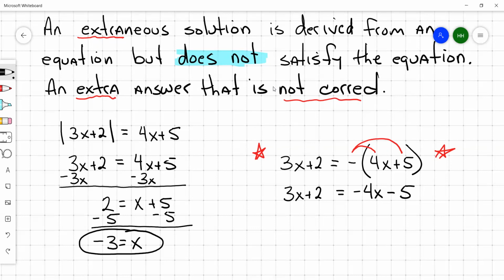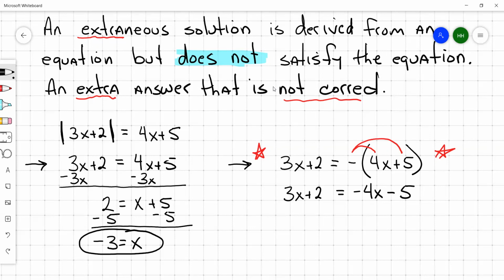You're negating it. When you rewrite the equations, you rewrite the left side exactly the same without the absolute value symbol, but on the right-hand side, everything has to have the opposite sign. So negative 4x and minus 5.